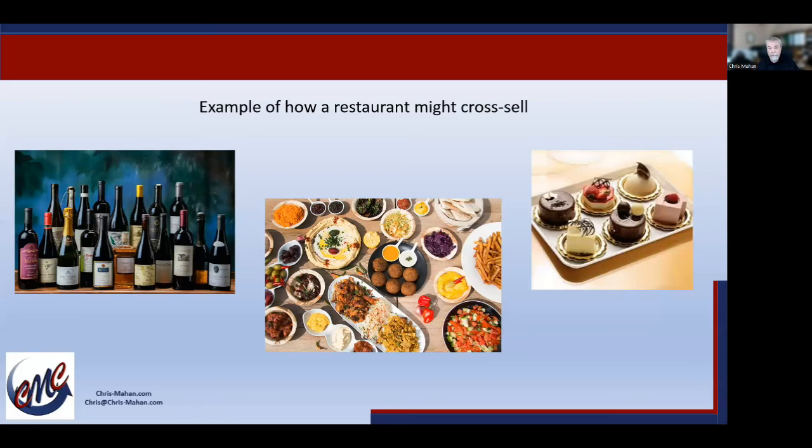The second cart was taken around after drinks had been served and while the party was still looking over their menu. This cart contained samples of the restaurant's appetizers. Samples were provided to the table, and then the server would ask, "Which one did you enjoy the most? Can I put in an order for you?" The third cart was the dessert cart.